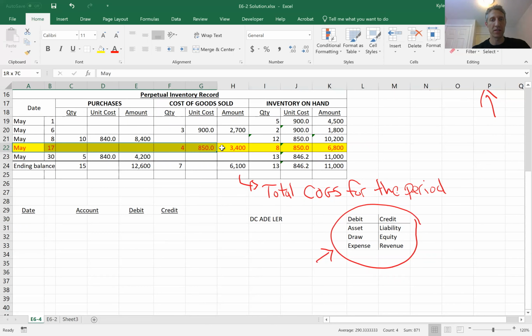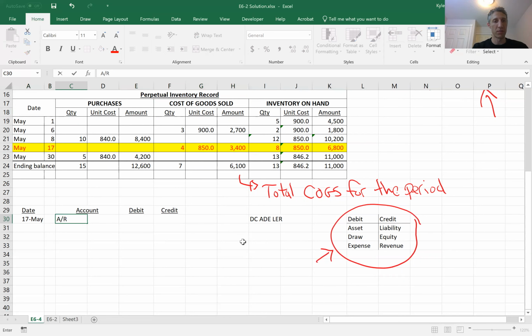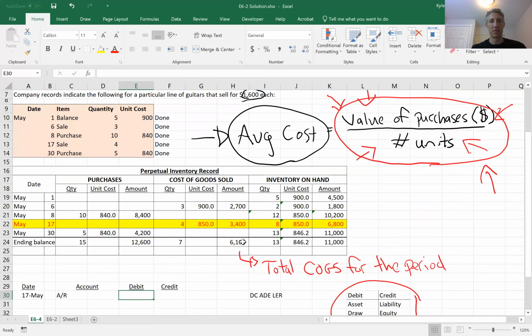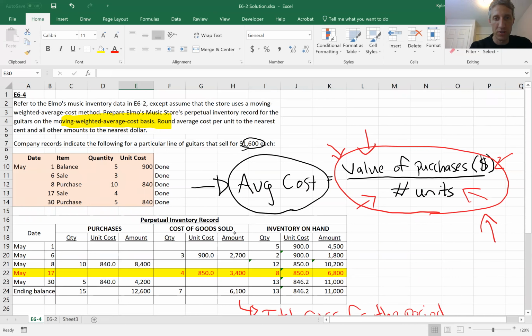But on May 17th, we had a transaction. There were 4 units sold. Of course, when we're selling inventory on a perpetual inventory system, there are going to be 2 journal entries. I'm going to assume the sale was on credit, so accounts receivable is going to be debited. The company records indicate a particular line of guitars that sell for $1,600 each.